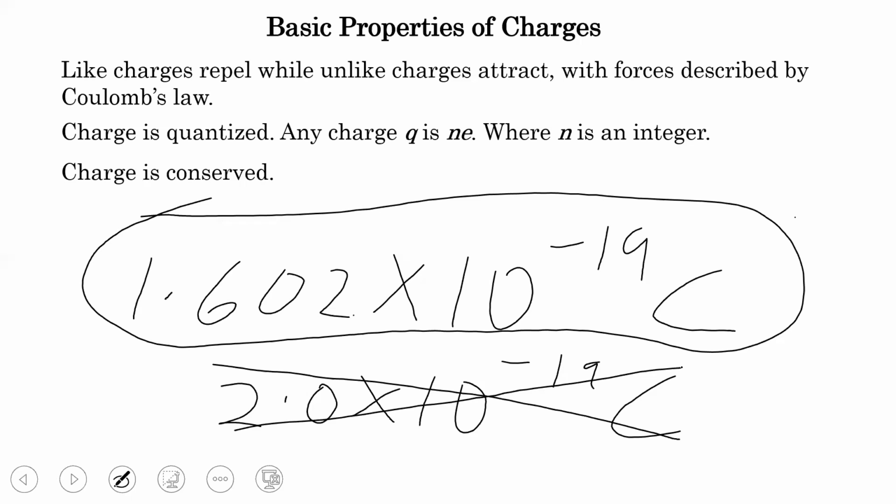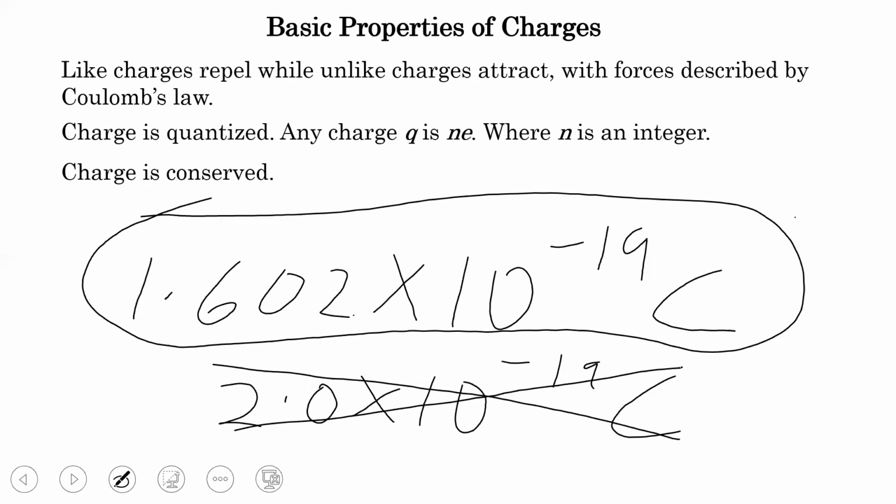And another property of charge is that charge is conserved. The origin of charge is from the charged particles, which are the protons and the electrons. You must have heard it in one place or the other that you cannot destroy matter. If you cannot destroy matter, you cannot create matter.